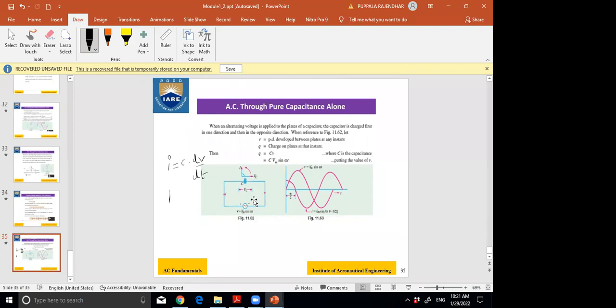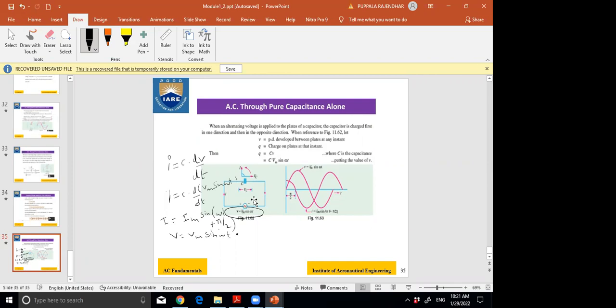Now this V is given as an input here. So we will substitute C into d by dt of Vm sin omega t. At the end we will get I is equal to Im sin omega t plus pi by 2.